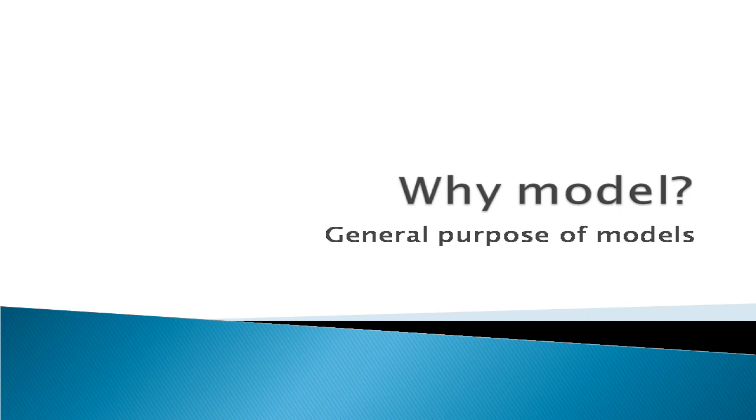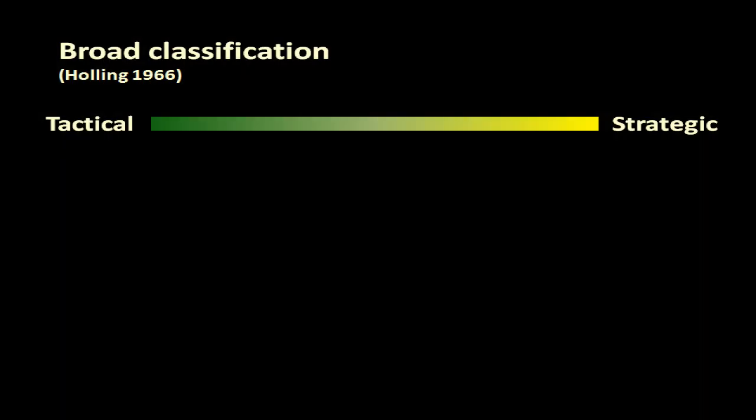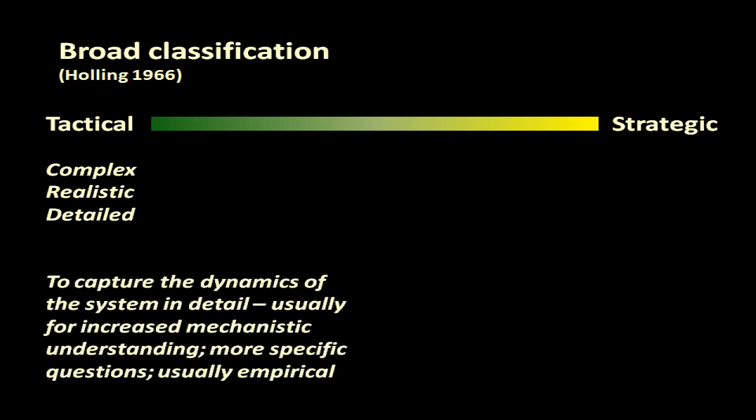And there's a broad classification in terms of the purpose of models, according to Holling in 1966. This ranges from what's called tactical to the other side of the gradient, which is strategic. Tactical means models that are quite complex, are realistic and detailed, and the purpose is to really capture the dynamics of the system in detail, usually for increased mechanistic understanding.